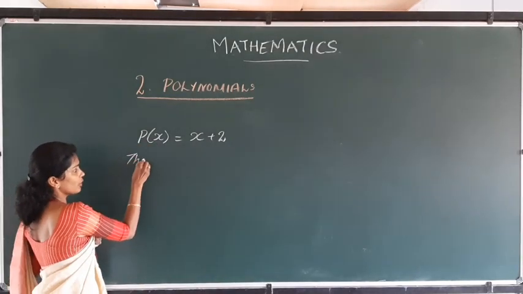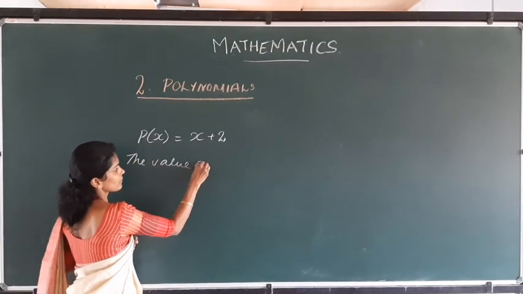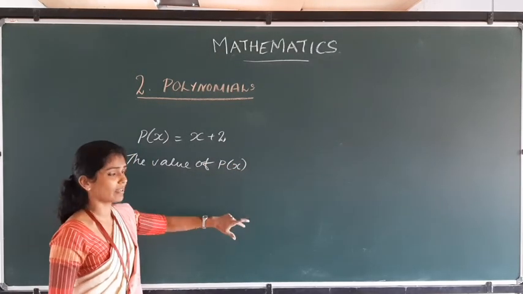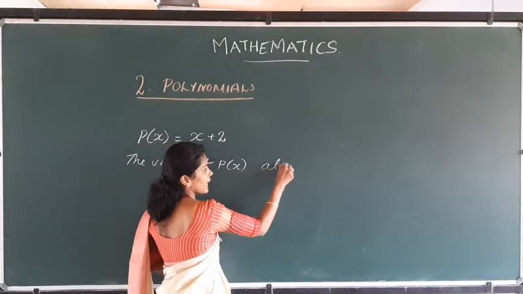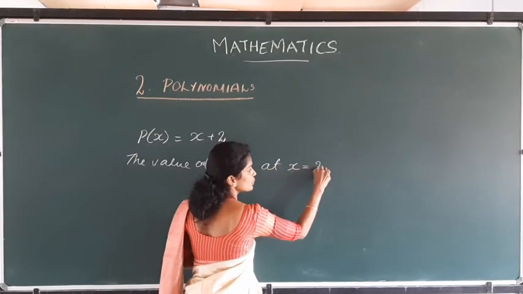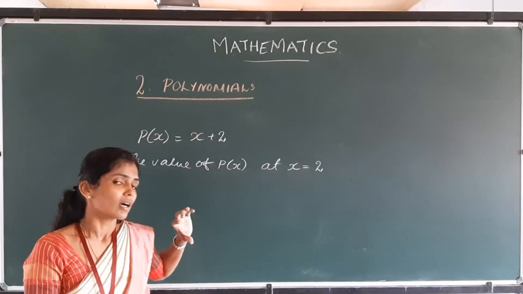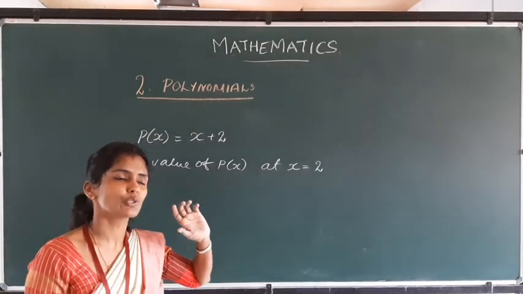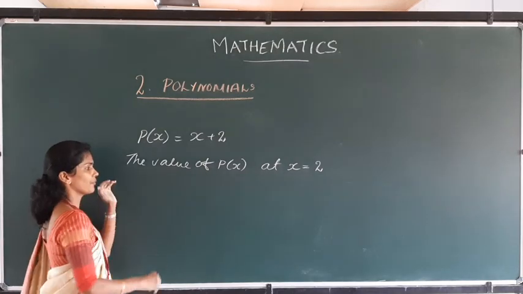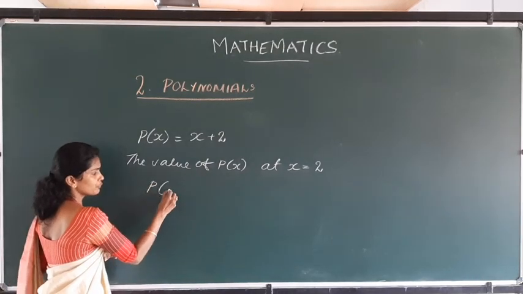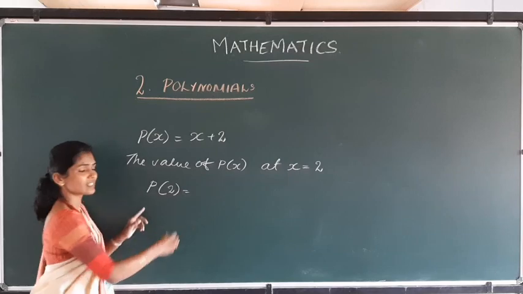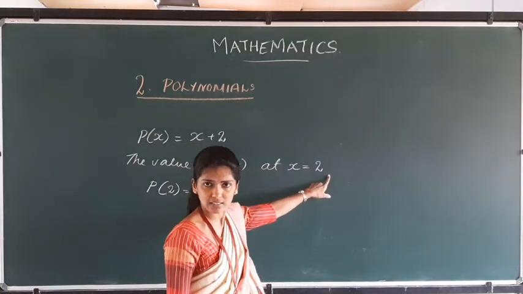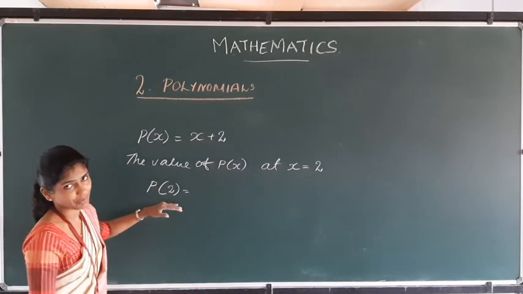How do we find the value of P of x at x equal to 2? Here we write P of 2. This represents the value of P of x at x equal to 2. We represent that as P of 2.